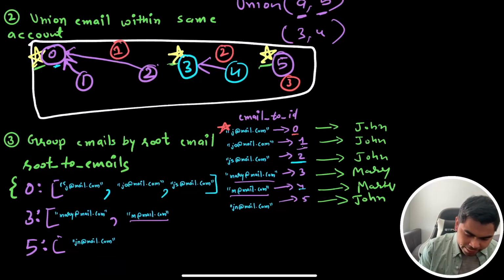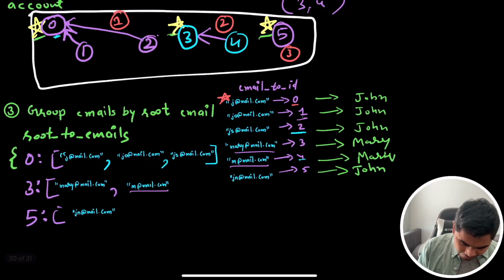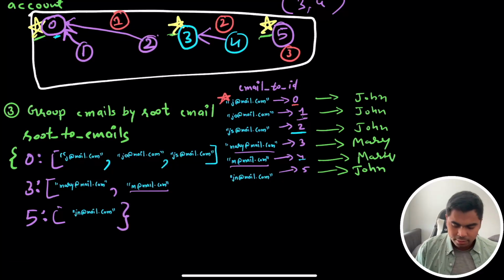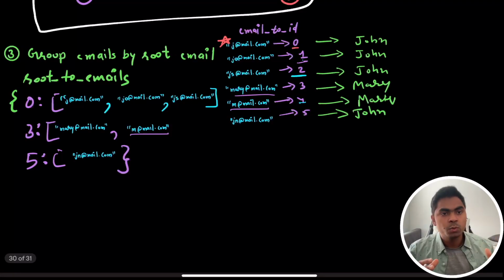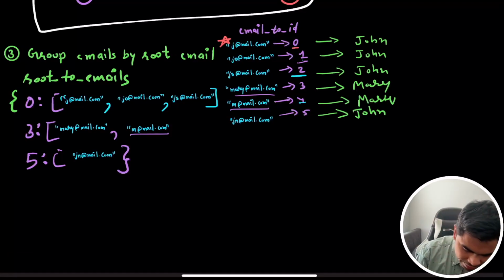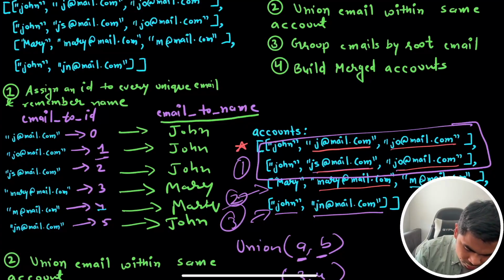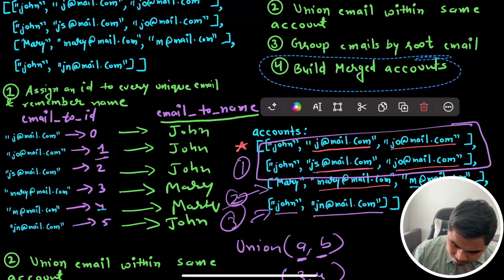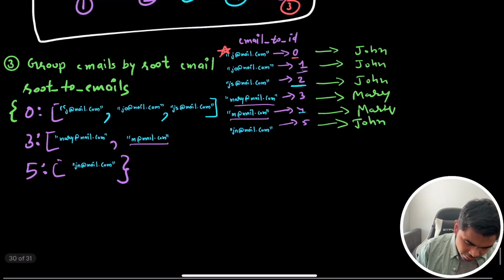Alright, so now I've created this another dictionary called root to emails. Now it contains all the emails together. So now I have just one last step, and that last step is build merged accounts. So let's copy this, and this is my last step.